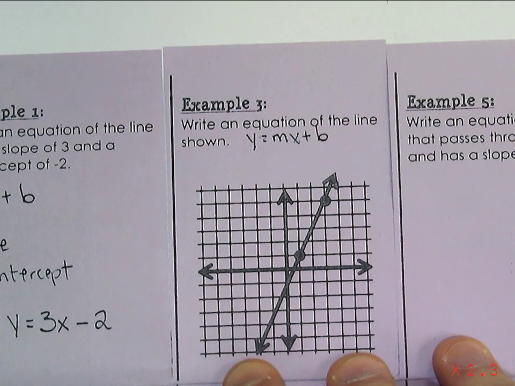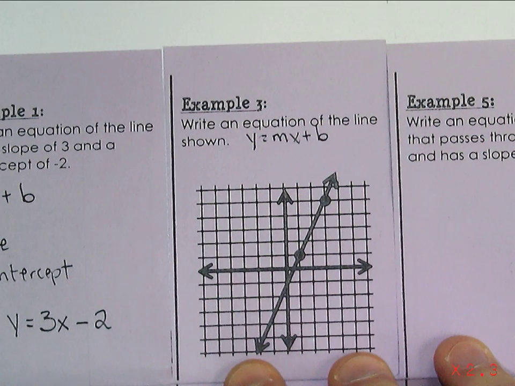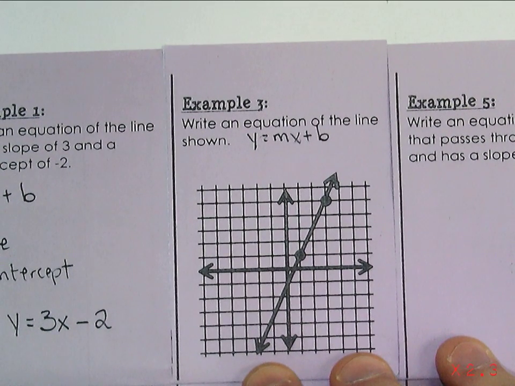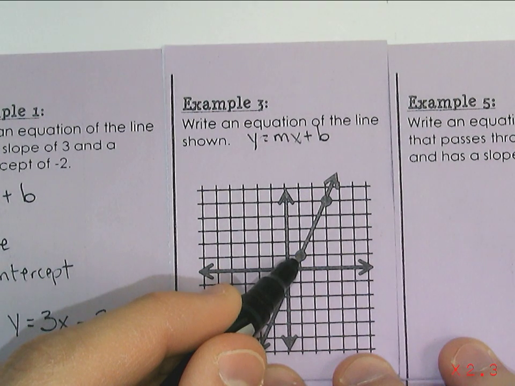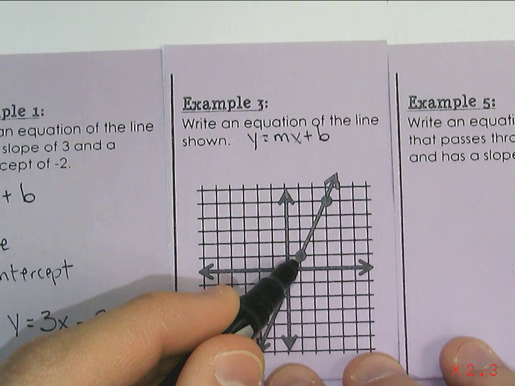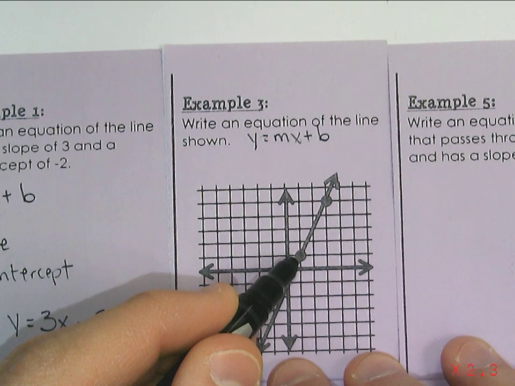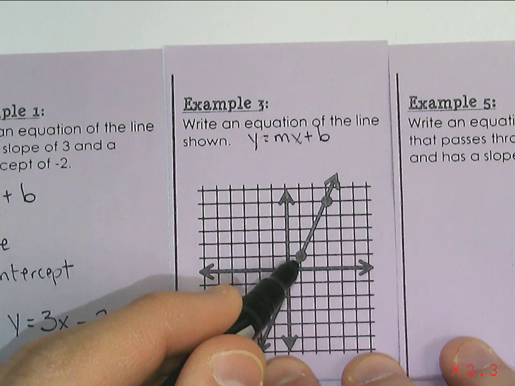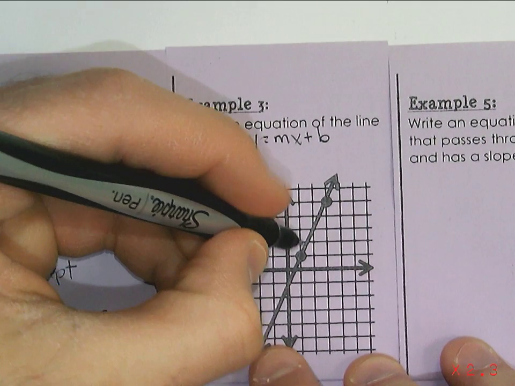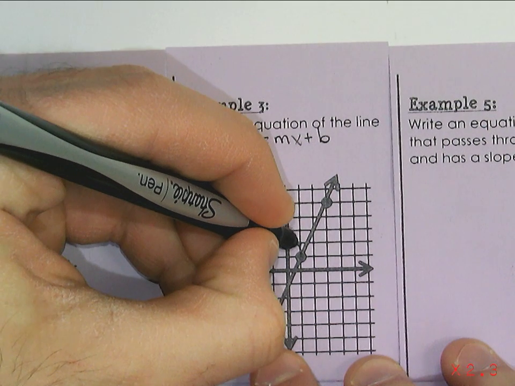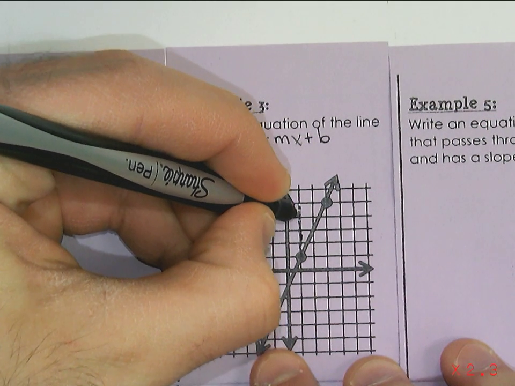What I would find first is my slope. So I'm going to start at the leftmost point that I'm given, which is this one here, and I'm going to see how far I need to move up or down and how far to the right, sometimes left, I need to move. So in this case, it looks like I need to move up, and I need to move up 1, 2, 3, 4 spaces.